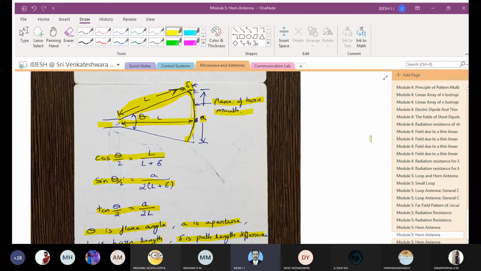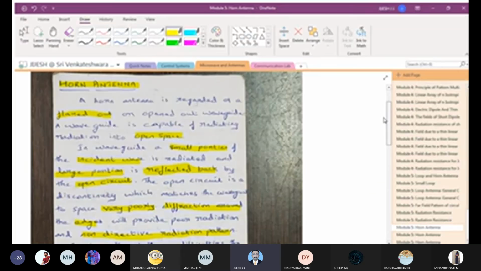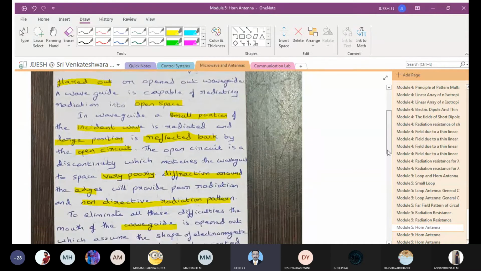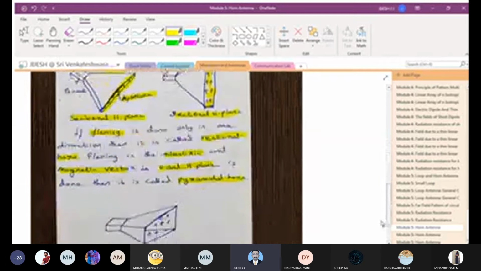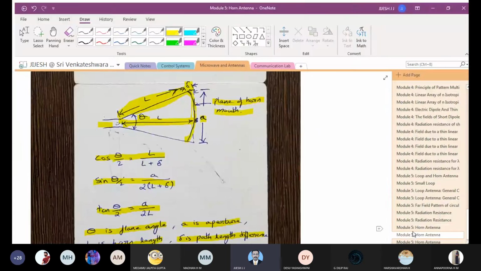Have you drawn this diagram? Give a title, horn antenna, and note down these equations.